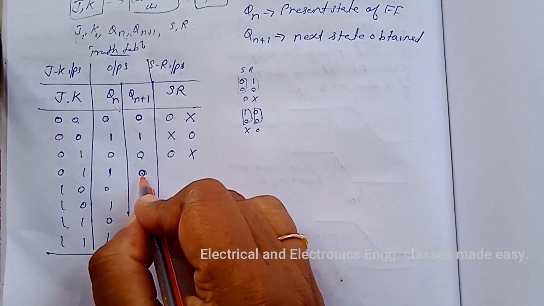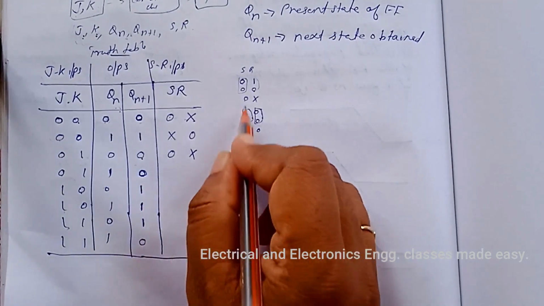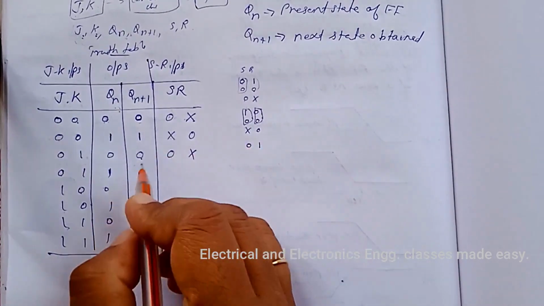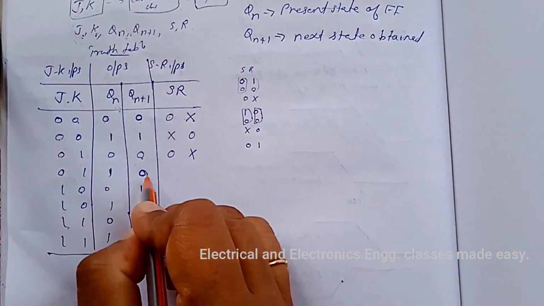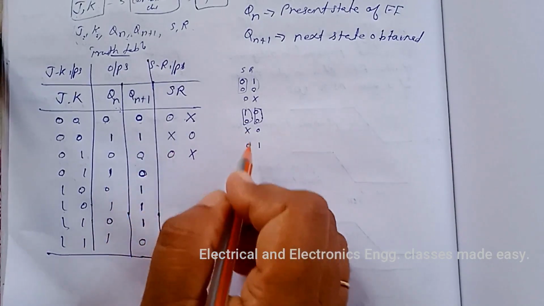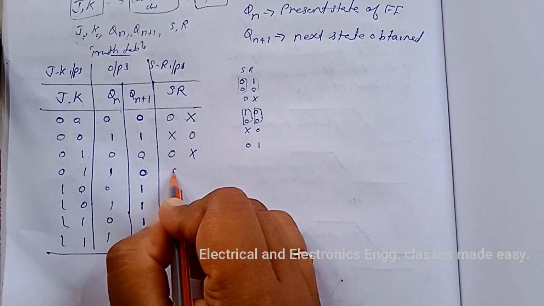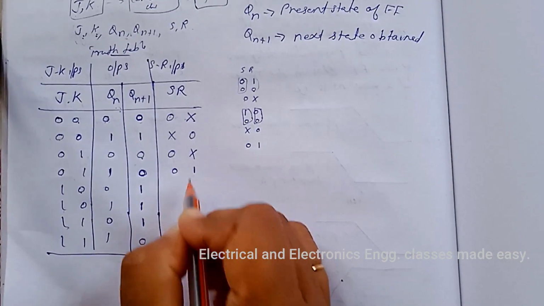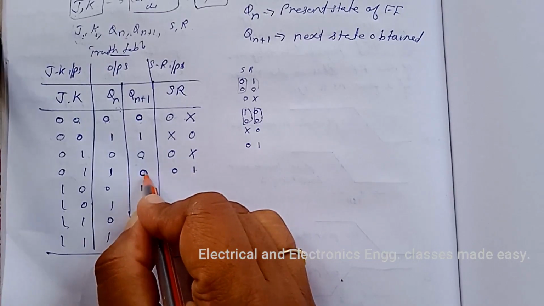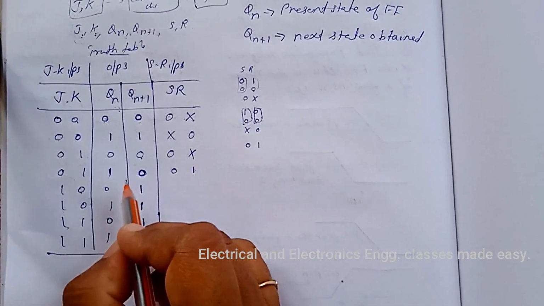To get this output, S and R will be 0 and 1, and here this is 1, that is different outputs. That means it will be like this, that is 0 and 1 here. S and R are 0 and 1, that is output is 0.